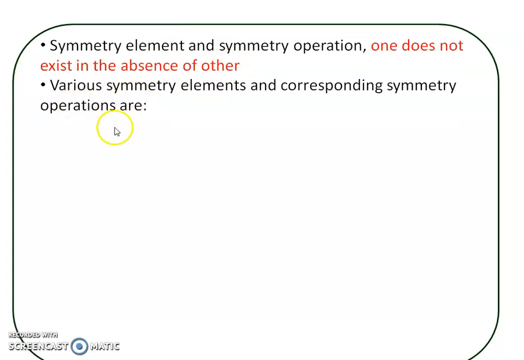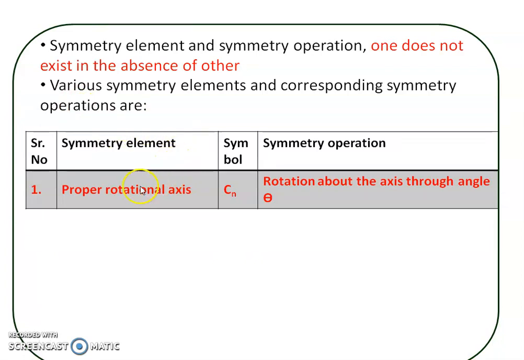The various symmetry elements and corresponding symmetry operations, we just highlight these. The first symmetry element is the proper rotational axis. It is denoted by Cn. C stands for cycle and n is the order of rotation.